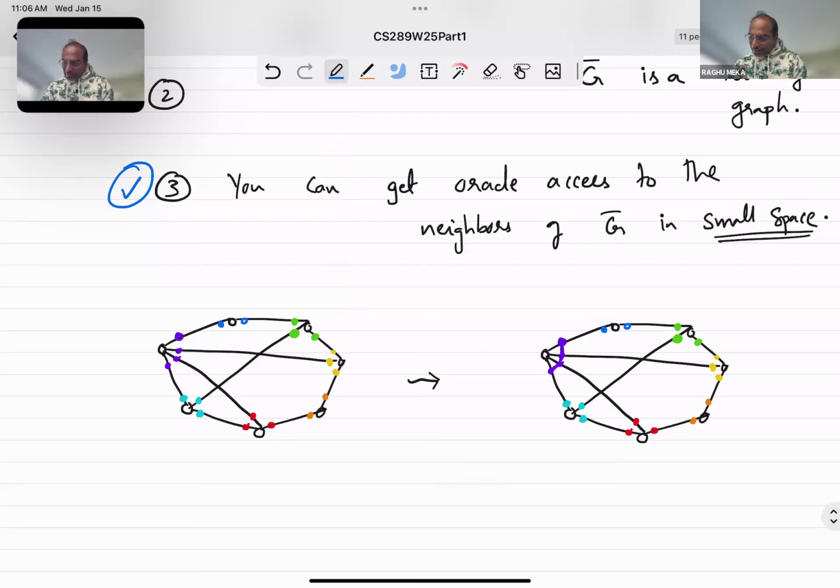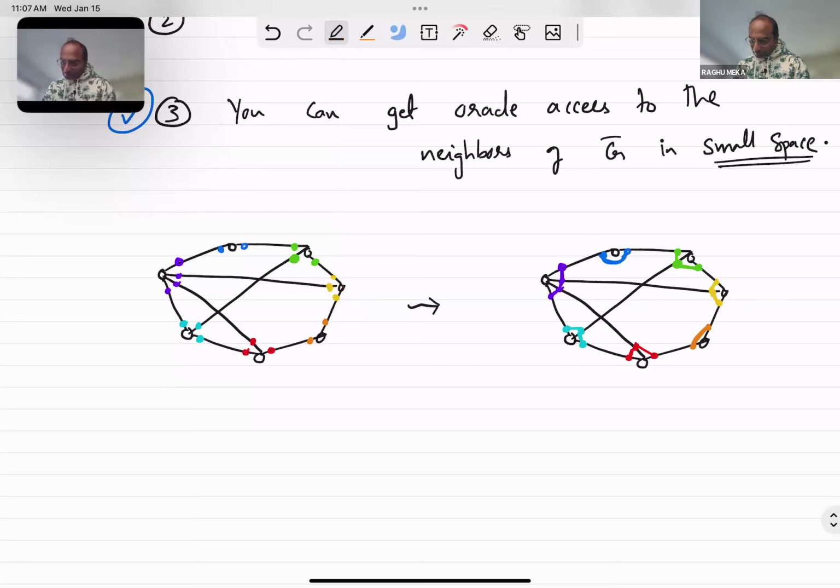I delete the old edges and connect these things. It's like a nice coloring project. And that's basically it.